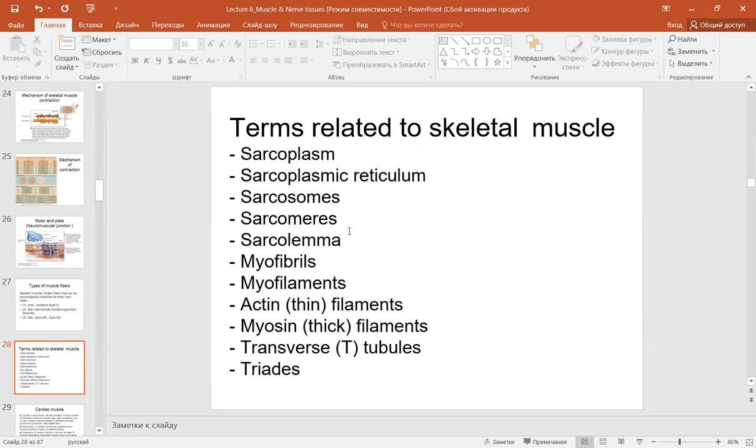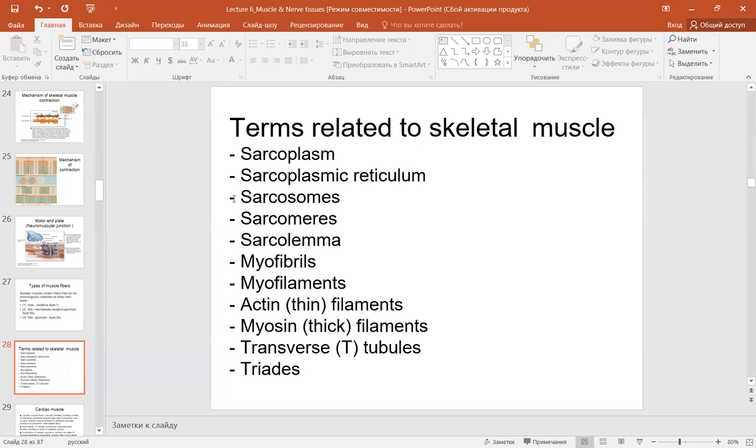Sarcolemma, the plasma membrane of the skeletal muscle fiber. Myofibrils are structure and functional units of the muscle fibers. Myofilaments are structure and functional units of myofibrils. Myofilaments are subdivided into actin thin filaments and myosin thick filaments. Transverse tubule, or tubulus transversum, is the invagination of the plasma membrane inside the sarcoplasm of the muscle fiber.